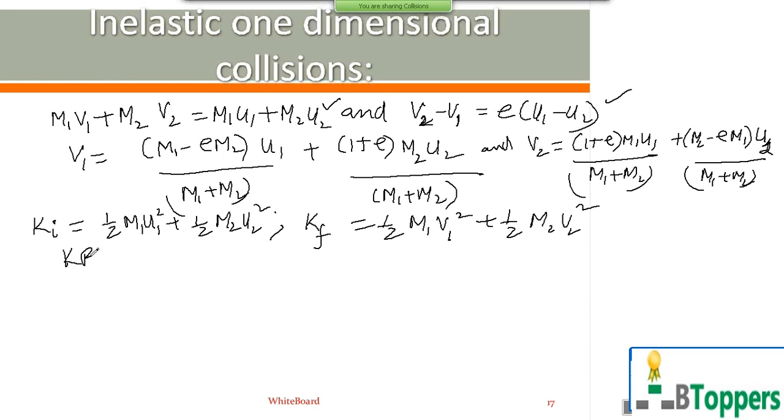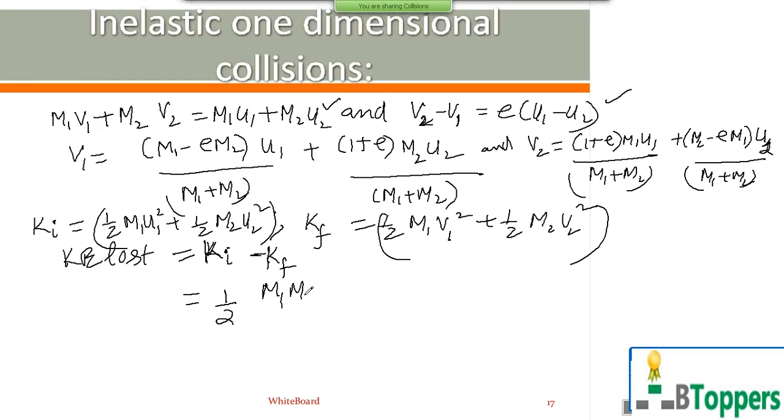So the kinetic energy lost in one-dimensional collisions is Ki minus Kf. If you substitute these values of Ki and Kf, express v1 and v2 in terms of u1 and u2 and simplify, it is very lengthy. Only to give you the idea, I'm discussing the procedure. This part of the calculation is not included in board examinations, but we discuss it keeping entrance examinations in mind.